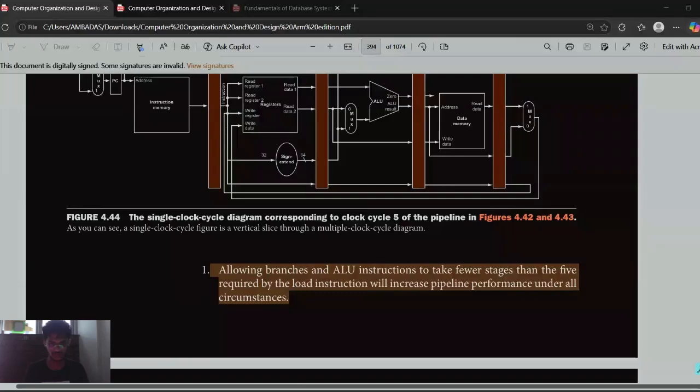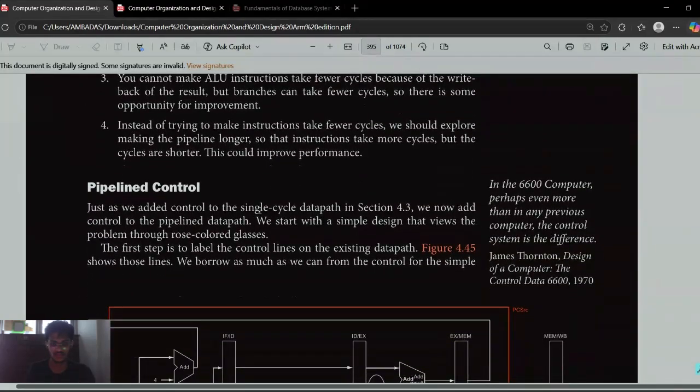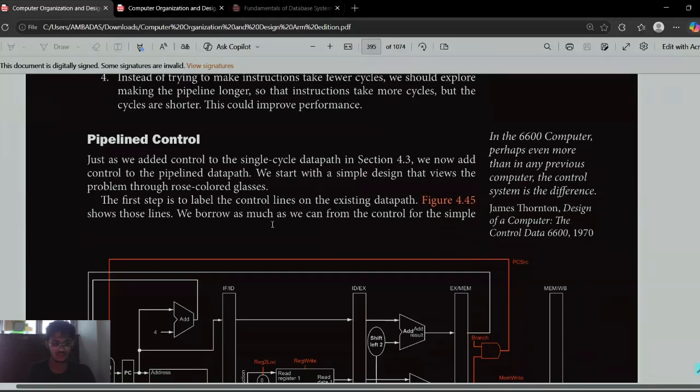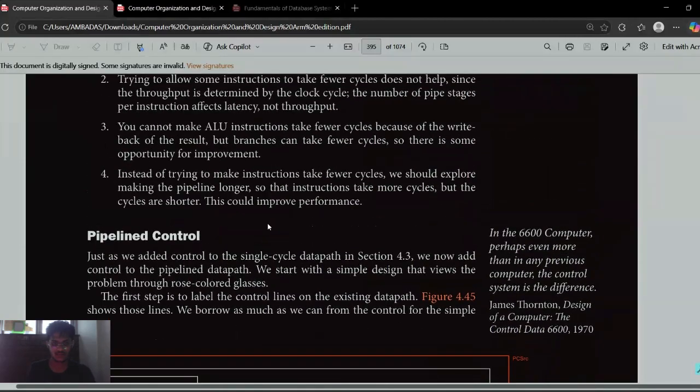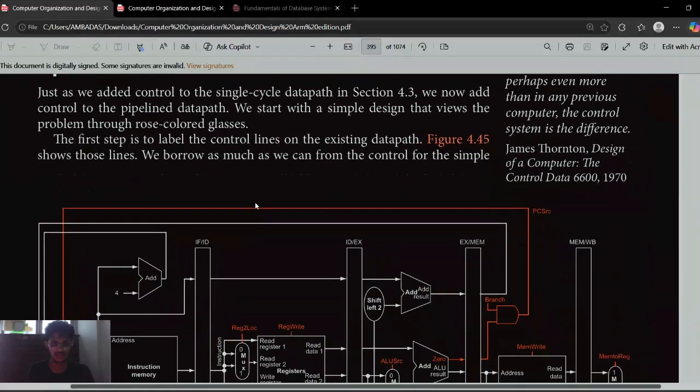I'm not sure, but until it generates the answer, we'll move to the pipeline control topic. Guys, just read with me.